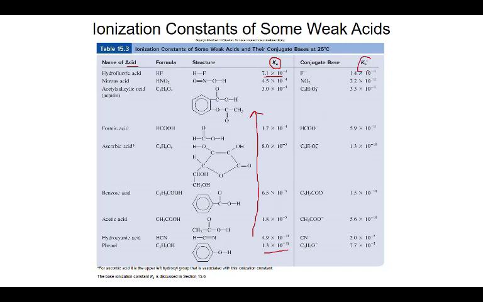This is Kb for the conjugate base, inversely proportional here. You can see the Ka value is decreasing, so the strength of the acid is decreasing. If the Ka value is high, this is a stronger acid among the list of acids, and this is a low value, so this will be the weak acid.